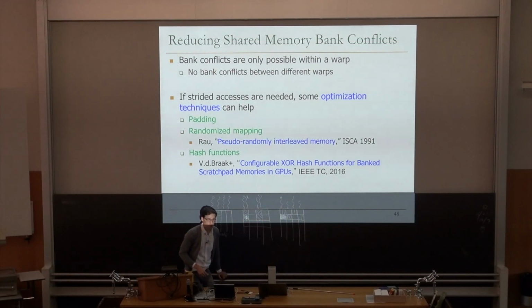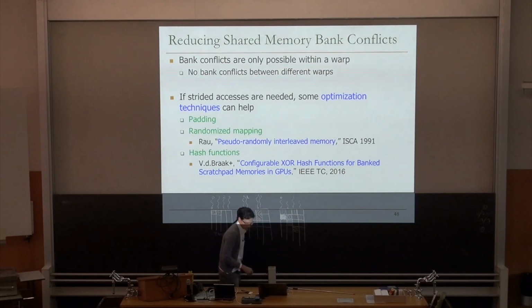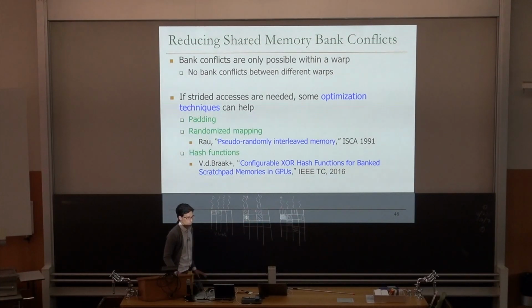By just reserving and not using some of the memory addresses, we can avoid the bank conflict. We would also be doing the same for this element here, and so on. It's clear, right?